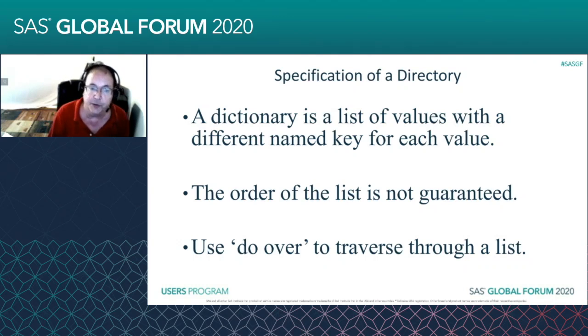Arrays can be sparse, but we do allow you to reference dictionaries through array indexes, but we don't guarantee what you will get. One of the nice things we allow is we can do over a dictionary, and we will traverse each item within that dictionary while in the loop. So you can loop on every item in the dictionary.